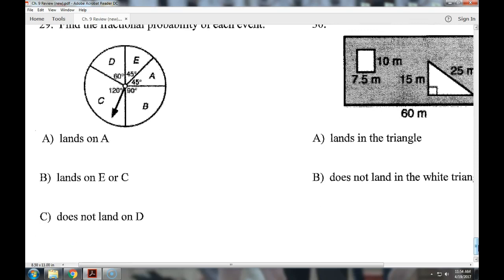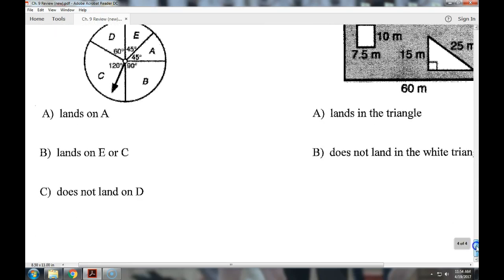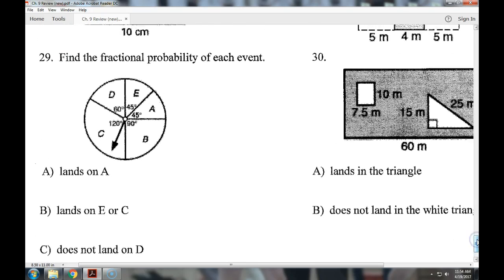So find the probability that some stuff's going to happen. Let's check out this circle. Probability, remember, is the ways you can win over all the total possibilities. So what's the chance I'm going to land on A?